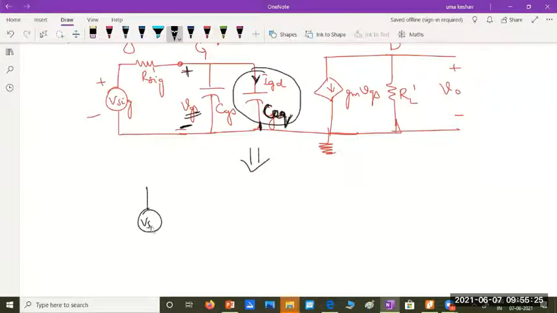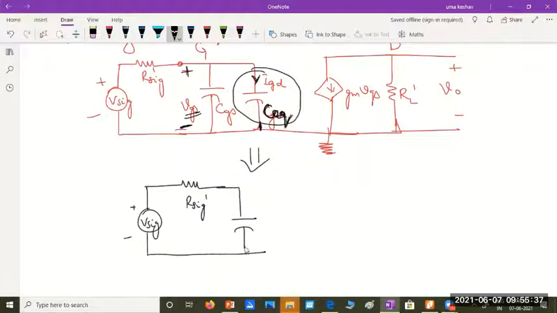I have V sig, I have R sig dash, and these two capacitances in parallel, I'll replace it with a single capacitance. What's the value of these two capacitances when I have two capacitances in parallel? What can I write it as? I'll call it a single capacitance.